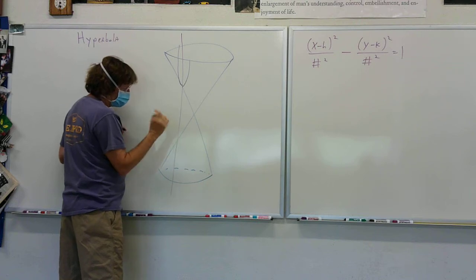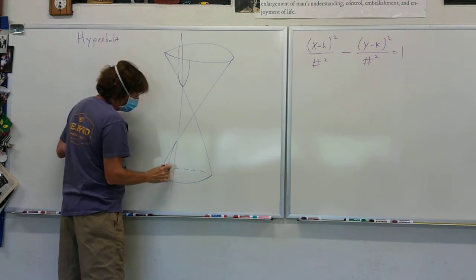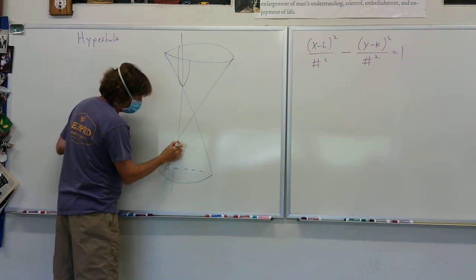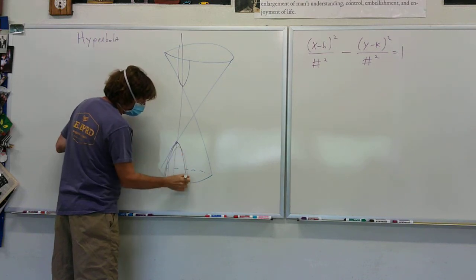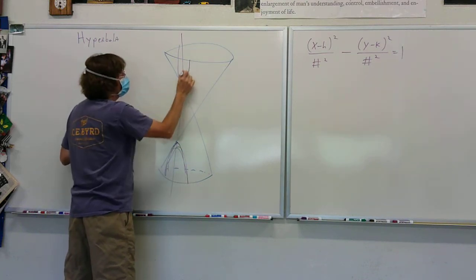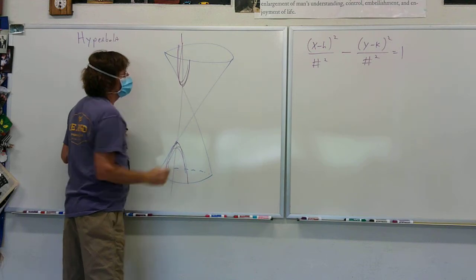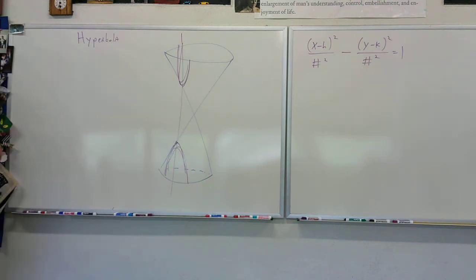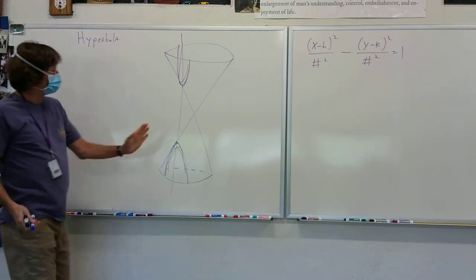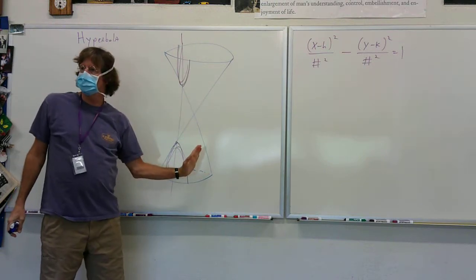They're really more like a V shape than a U shape. You'll think it's going to be like a U going down where it cuts the cone, and a U going up where it cuts the other cone. And if you put the cones on their side, you get a U going left and a U going right. That's how you get the hyperbolas, by cutting the cones parallel to the axis through the center of the cones.